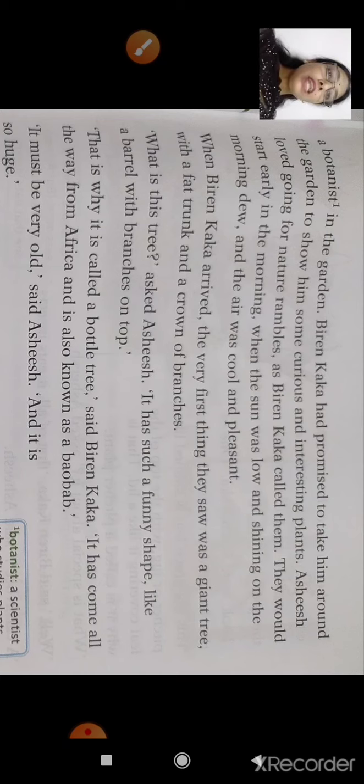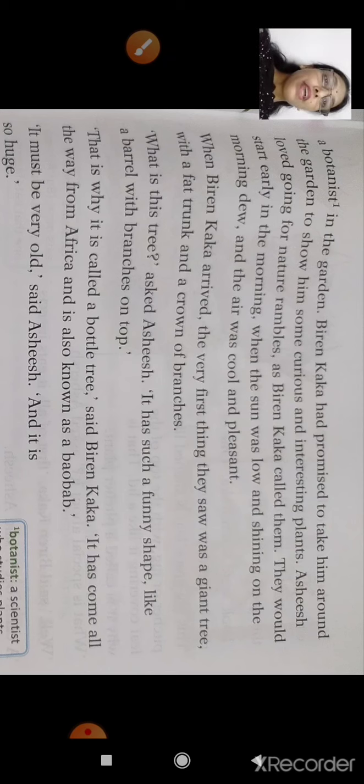So what they planned, Biren Kaka said, okay, we'll start early when the sunrise has just begun and there is little shining on the morning dew. What is morning dew? The small droplets of water which you find on the leaves early in the morning. And the air was cool and pleasant. Of course, it's the beginning of the day, so the air would be cool and pleasant. So the weather will be very nice. So they decided that they would begin early.